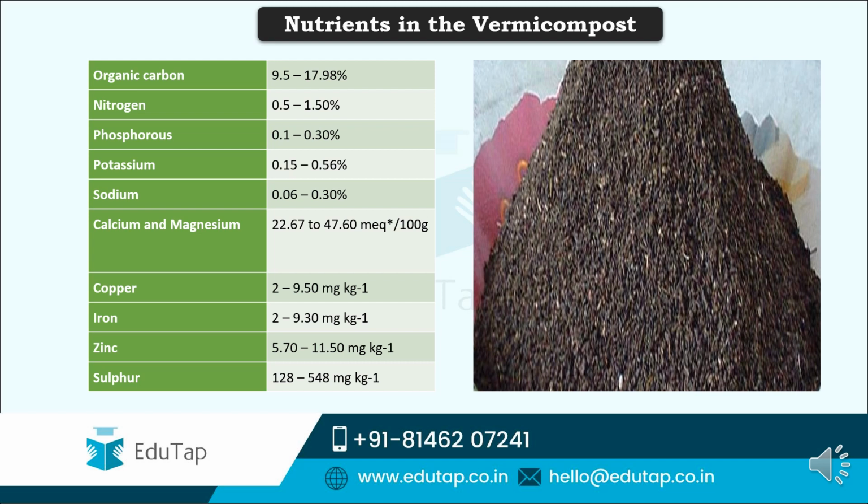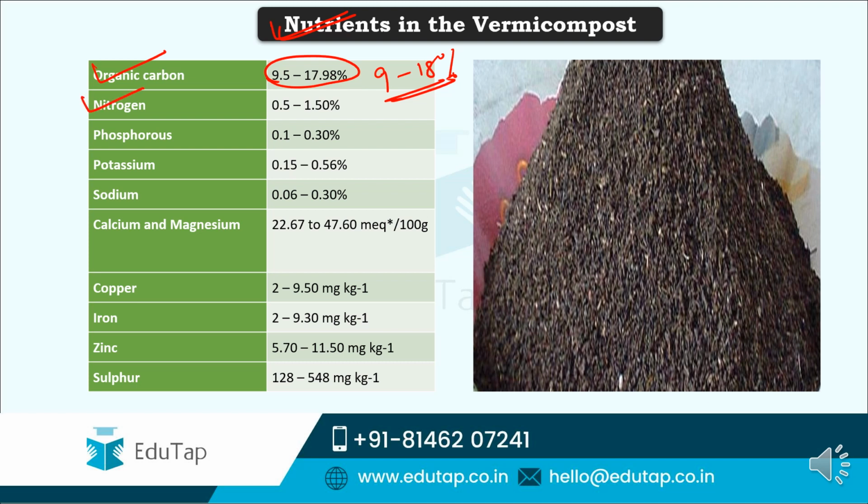So friends, next comes the nutrient status in the vermicompost. See, the presence of organic carbon is in the range of 9.5 to 17.98%. You can say 9 to 18%. This again depends on the type of material that is being added for composting.